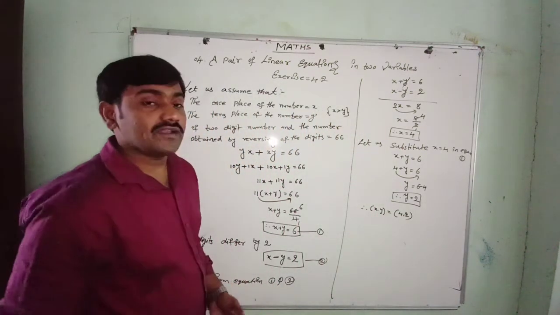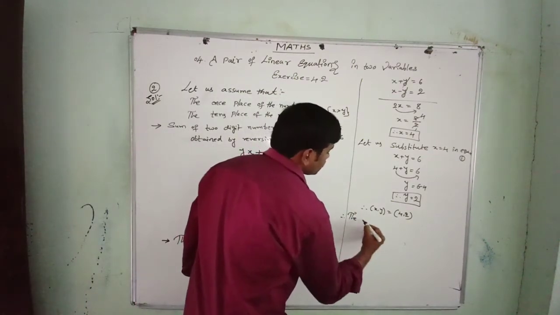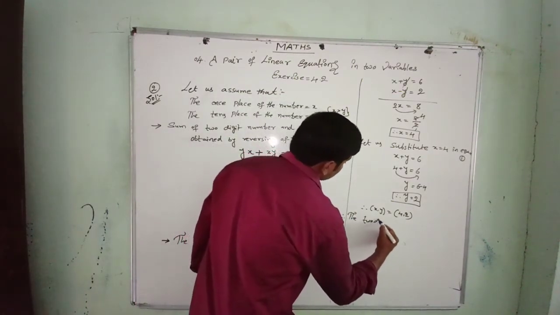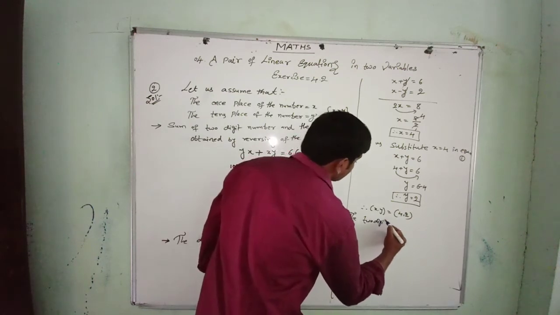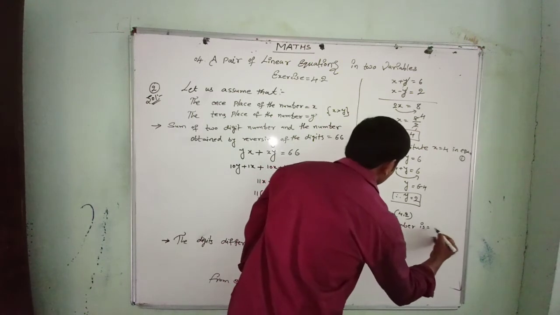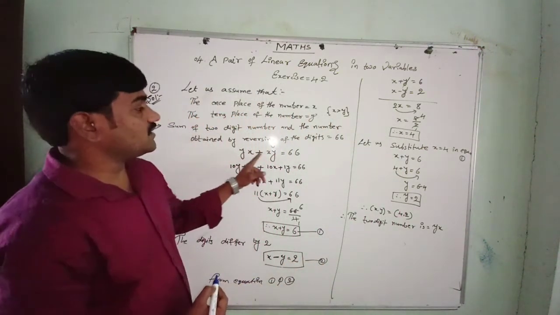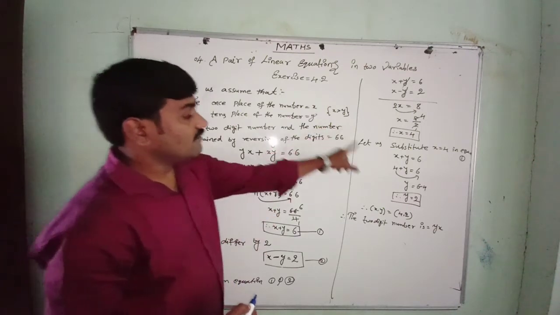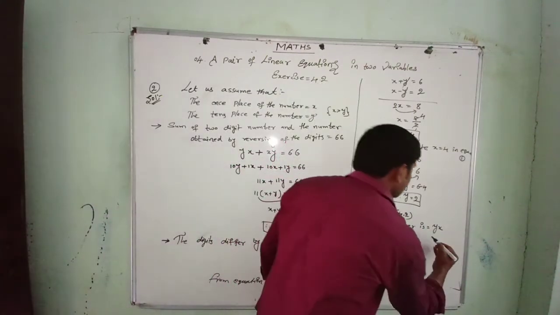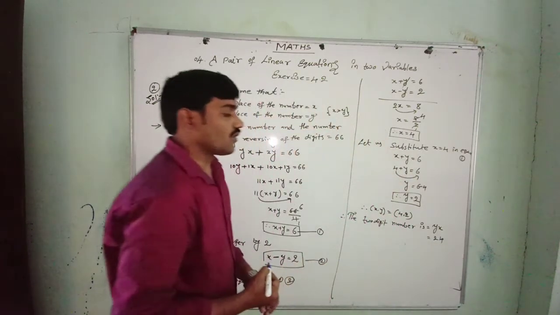Now we need to find out the 2-digit number. Therefore the 2-digit number is what we have assumed, yx, because of the 1's place number and the 10's place number. y is 2, x is 4.